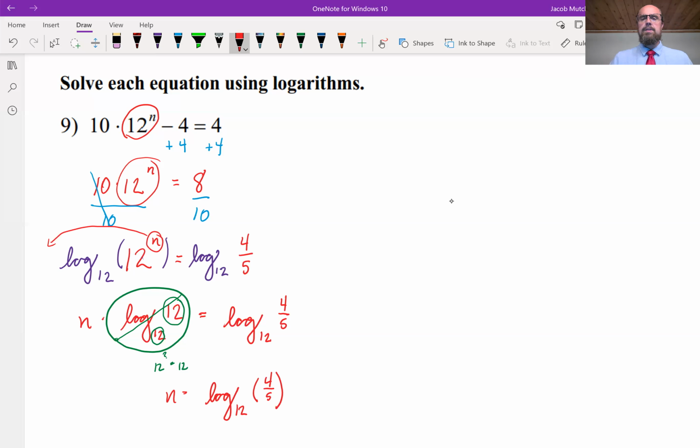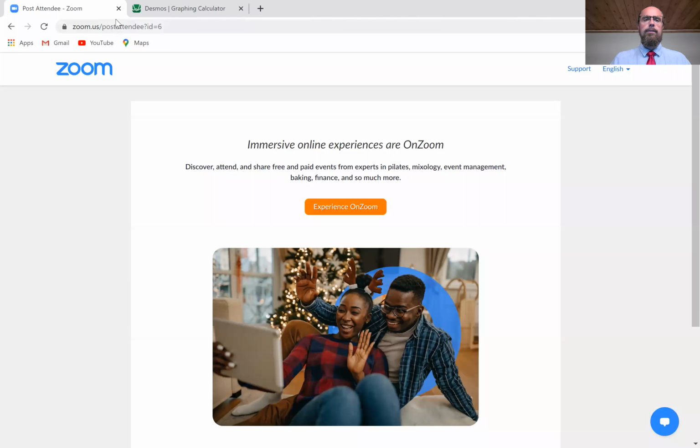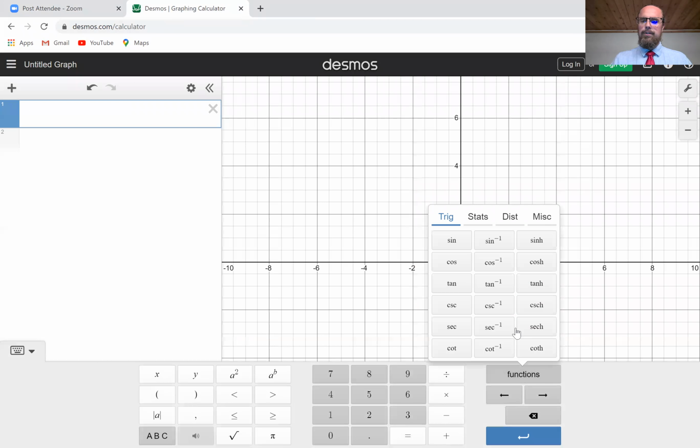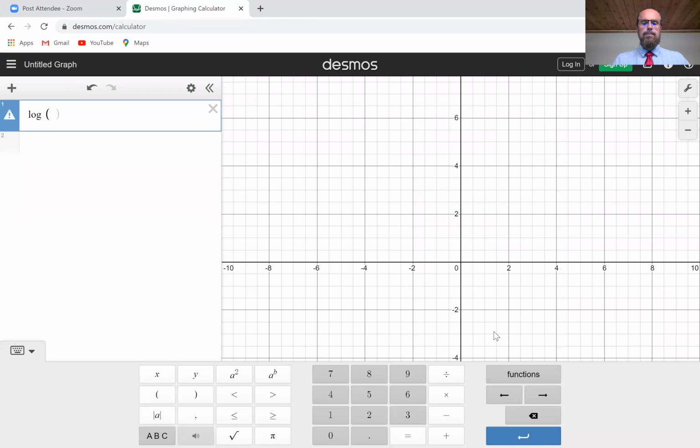We can get a decimal approximation for that value. Again, that's asking 12 to what power would equal 4 over 5. But let's go to the calculator to estimate. So to put a logarithm in, we go to the keypad, over to functions, to the miscellaneous tab, and we select log base a. That allows me to put in my base.